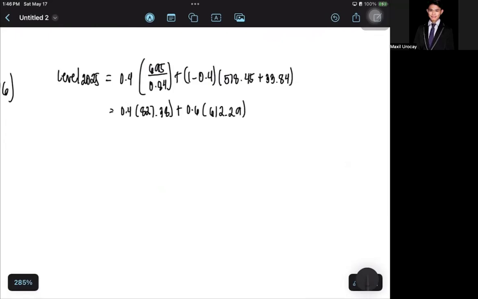So calculating 0.4 times 827.38 equates to 330.95. And 0.6 times the 612.29, and that will equate to 367.